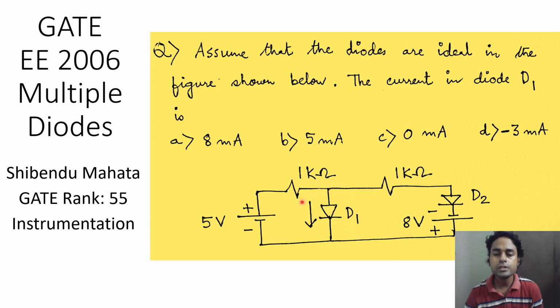Obviously, this is an impossible situation because ideal diodes will not allow conduction of current from cathode to anode. It will only allow the current to flow from the anode side to the cathode side. So option D is straight away eliminated.